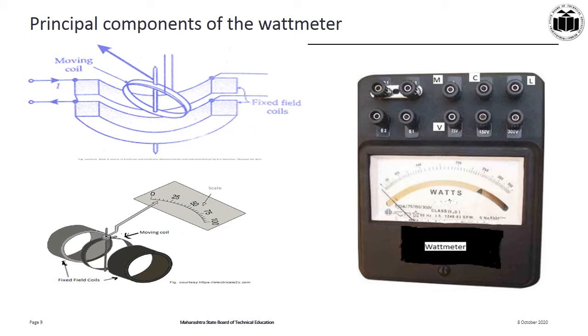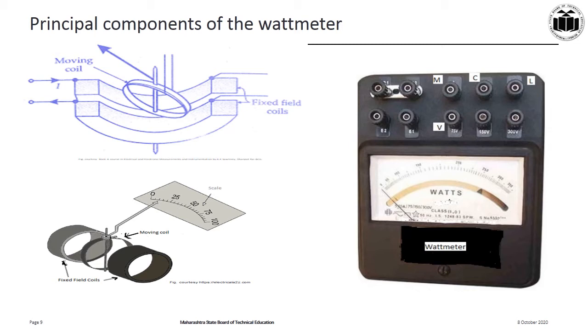These two coils are called the current coil of the wattmeter, and they are represented by capital letters M and L. The moving coil is connected in parallel to the supply terminals or load terminals and is known as the pressure coil or voltage coil. This moving coil is fixed on a spindle to which a pointer is attached. A printed scale is provided on which the pointer shows the indication.